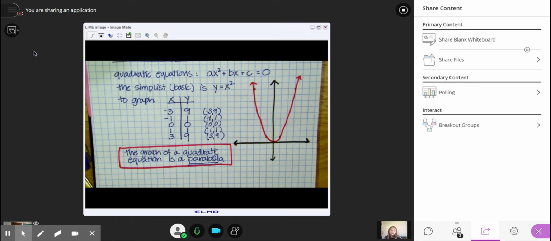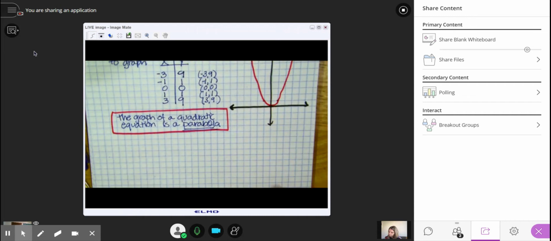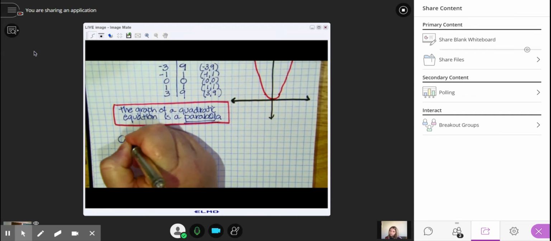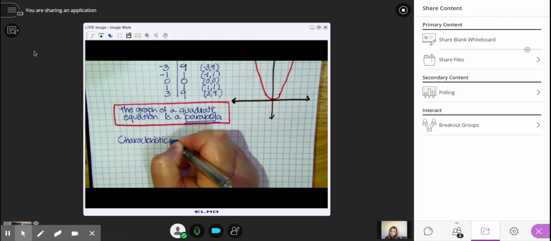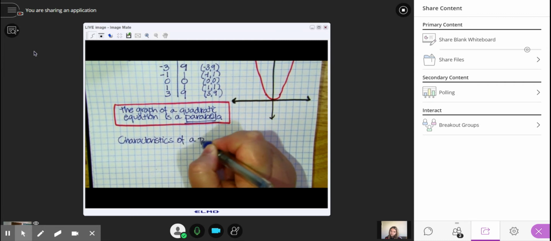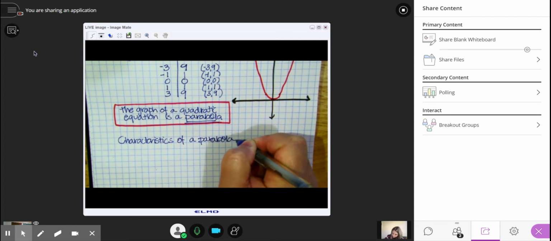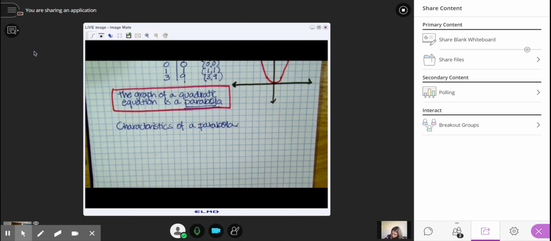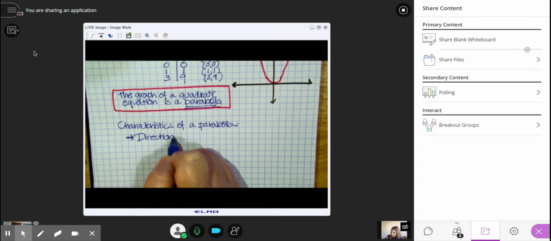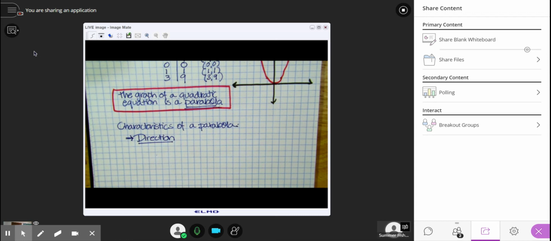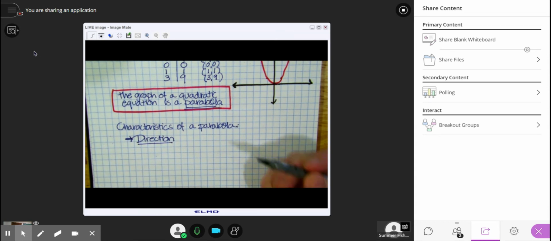Okay, so there are several qualities or characteristics of a parabola. The first one I want to talk about is the direction.